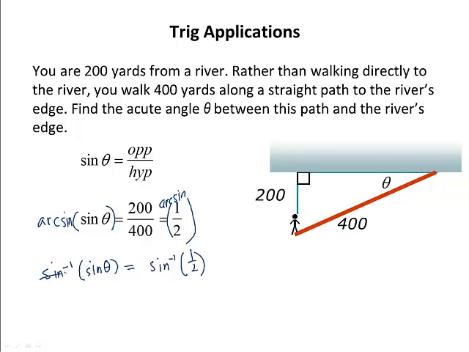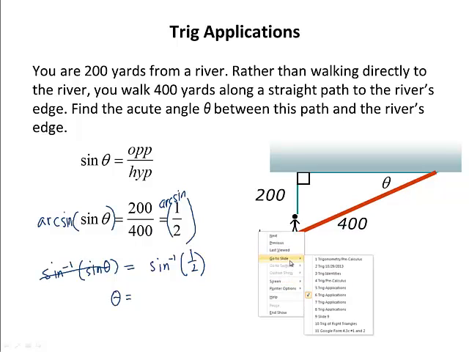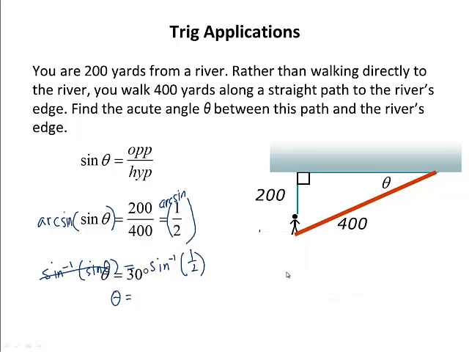These two cancel out and you get theta. And then by putting this in your calculator, you should get 30 degrees. Or you might have already known that on the unit circle, sine of 30 degrees is 1/2.